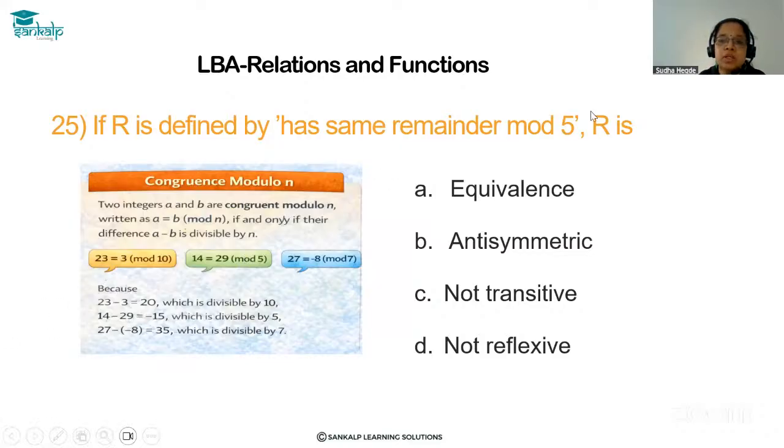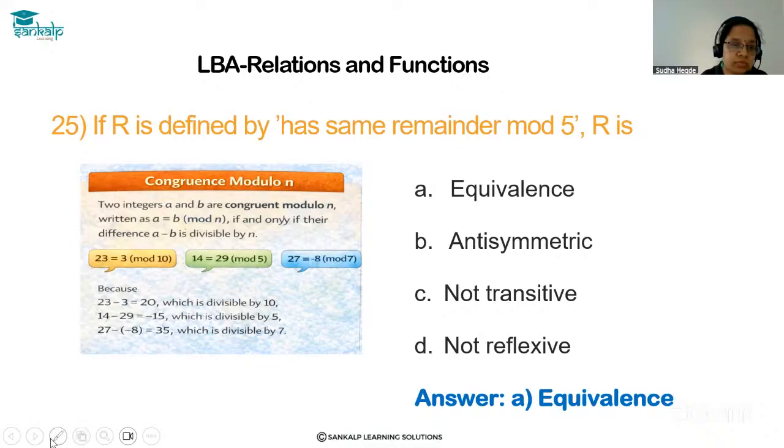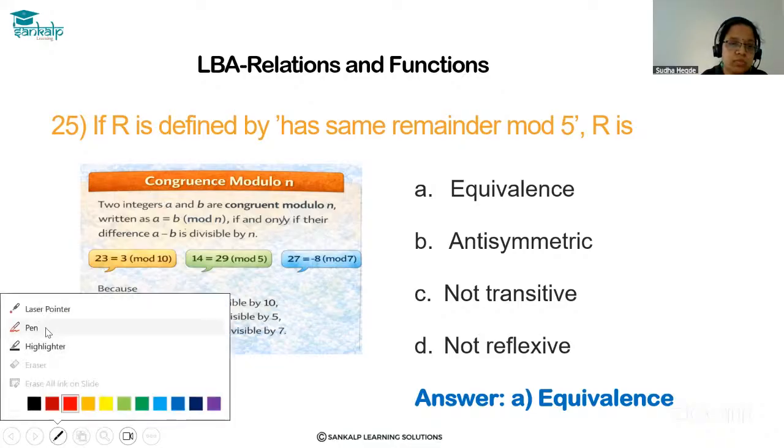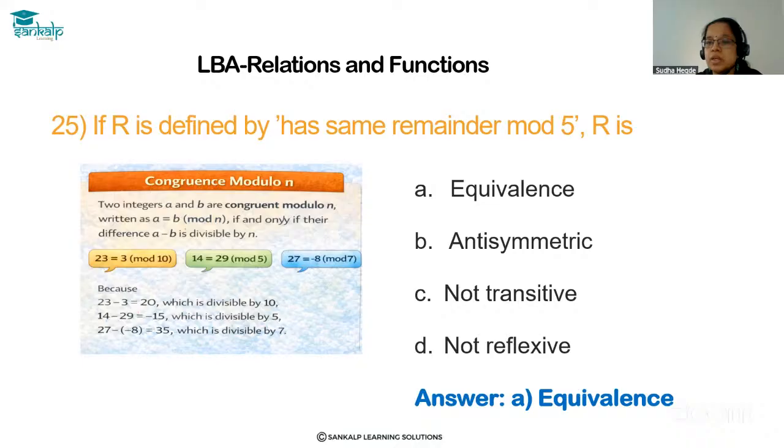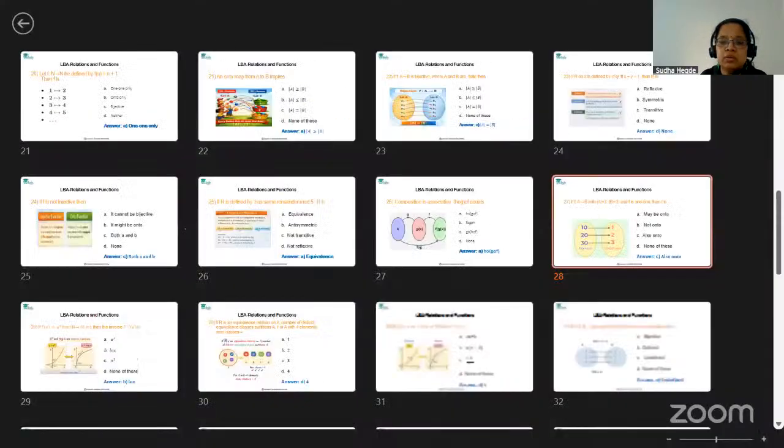Congruence modulo function. a is equal to b mod 5. What does it imply? Or a is equal to b mod n. You can take it in general.